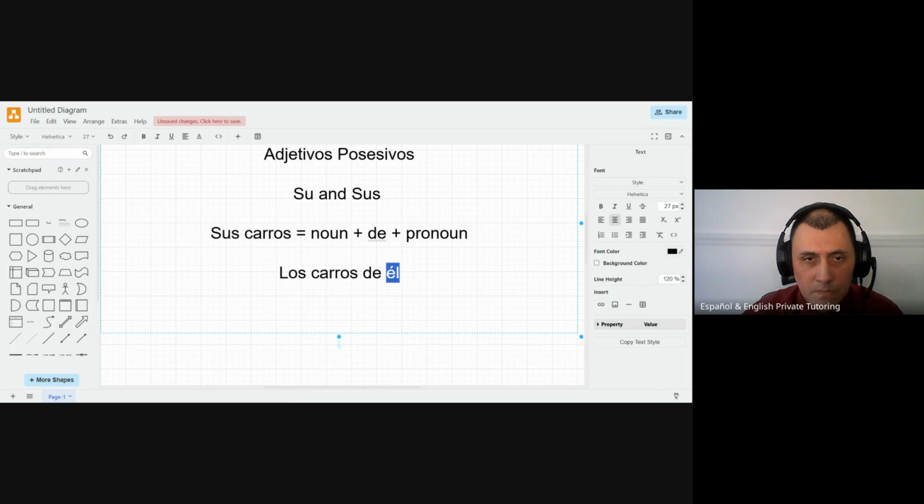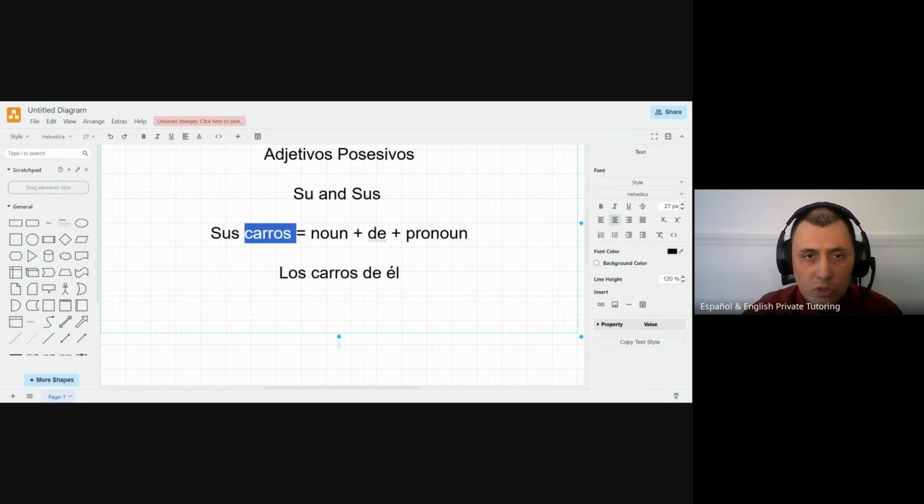Okay? So this possessive adjective has nothing to do with the number of the pronoun we are using. You see, the pronoun here is singular. Still, this is plural because this is an adjective which is describing the word cars, not the pronoun he.